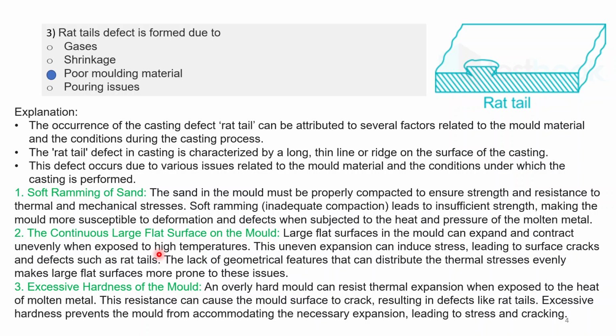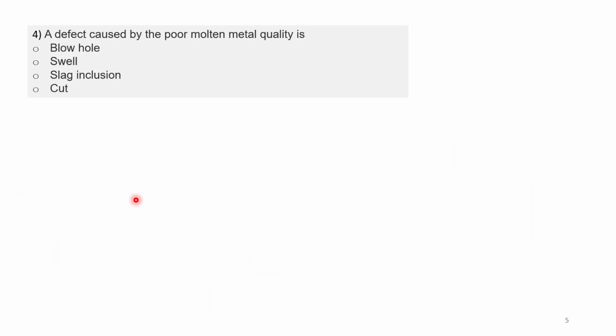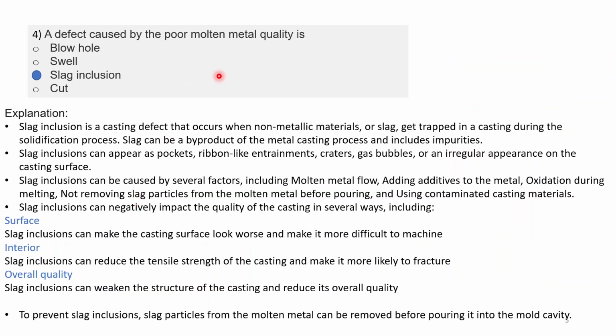The next question was related to rat tail. We studied it last time as well. This is related to poor molding material. If compaction isn't sufficient in the case of a sand mold, that can lead to the formation of rat tails. The next question was, a defect caused by poor molten metal quality is.